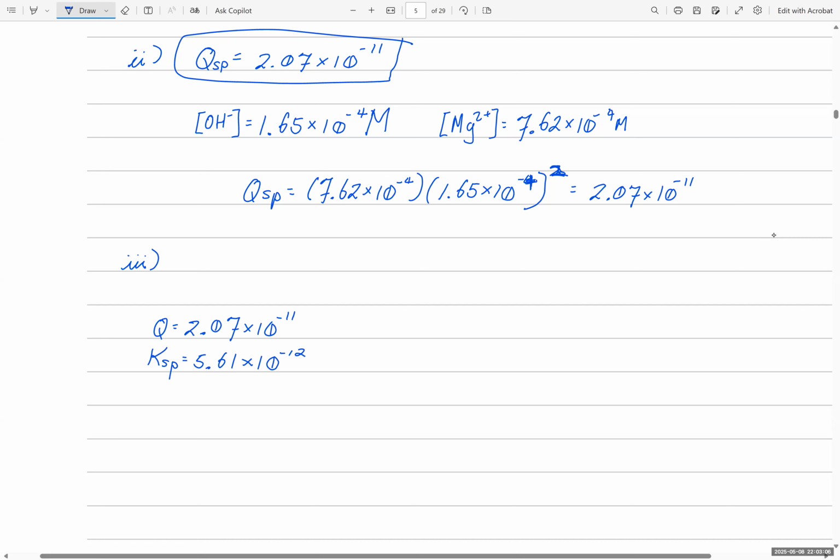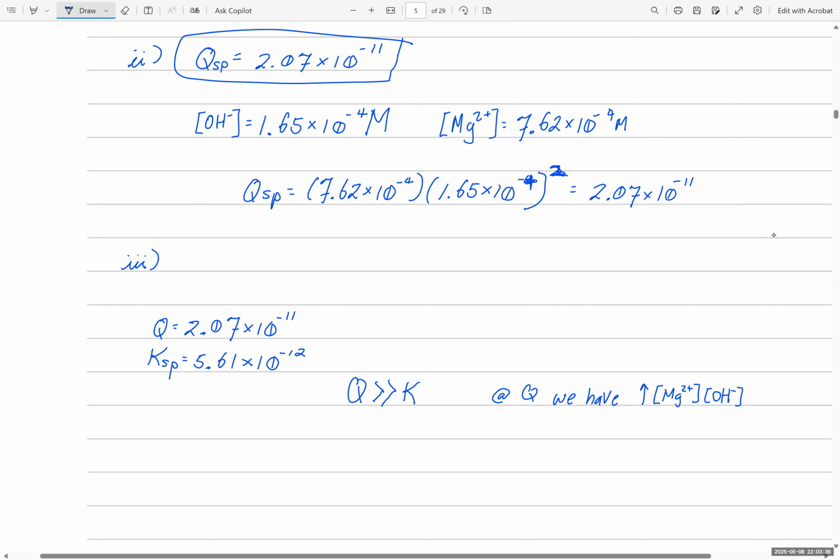So we know, and it says to justify, right? So we know that in this case, Q is greater than K. What does that mean? If Q is greater than K, that means at condition Q, we have higher concentration of our products. In this case, the magnesium 2 plus and our hydroxide, right?